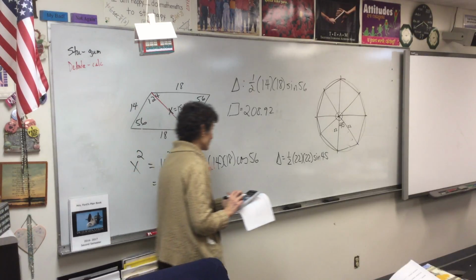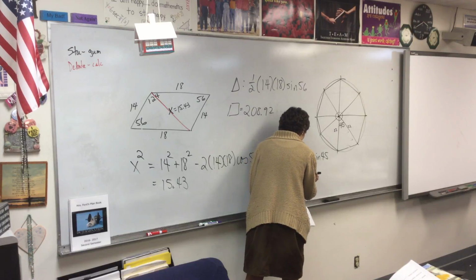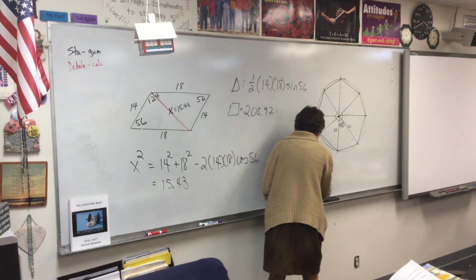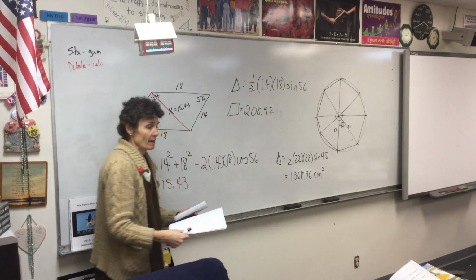I got a really big number, did you? 1368.96. And that would be square centimeters. Now that's the answer to number 4. That's the area.